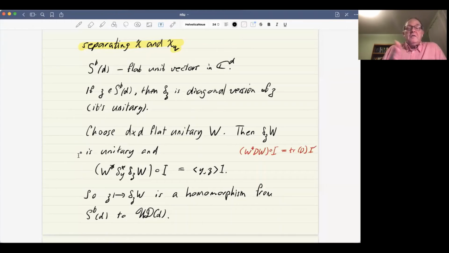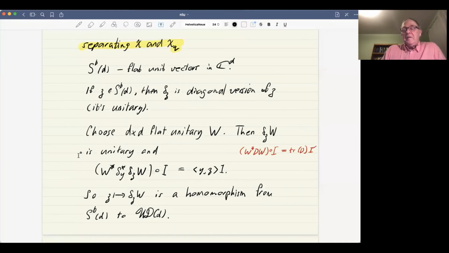It's a subgraph of the unit vector graph in C^d, although before, when I talked about Gleason's theorem, I was working over the reals, but now I'm working over the complexes. Just as a bit of notation, I'm going to use delta sub z to denote the diagonal matrix version of a vector z. Now, if the vector z is flat, then delta sub z is a unitary matrix.